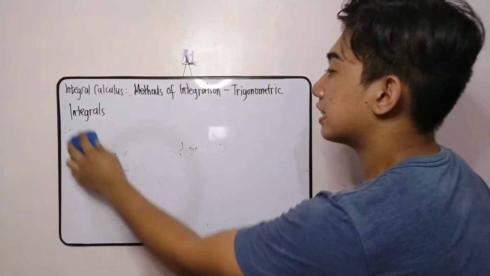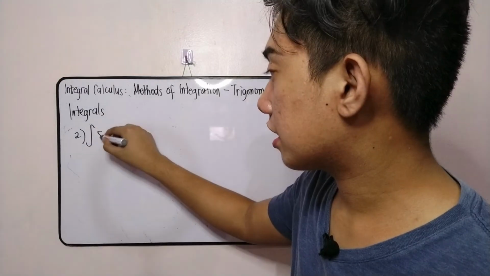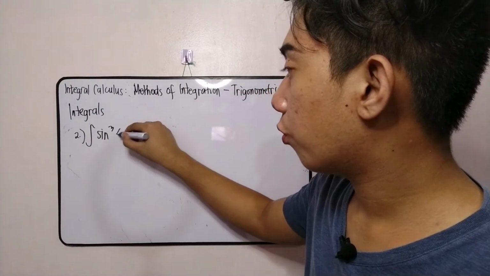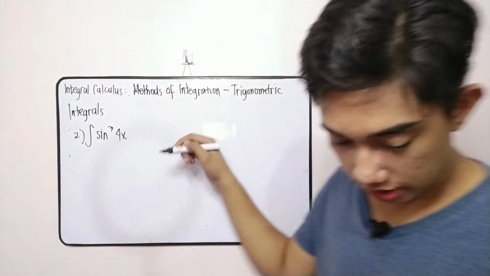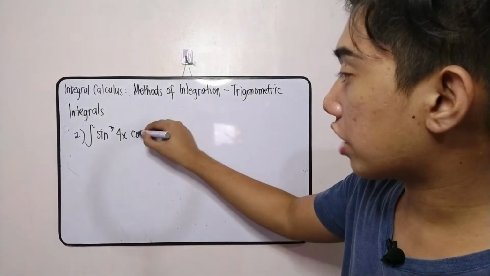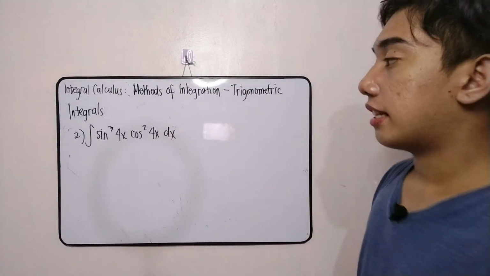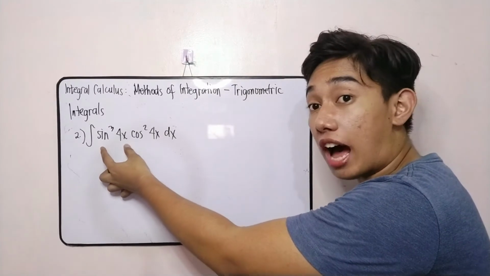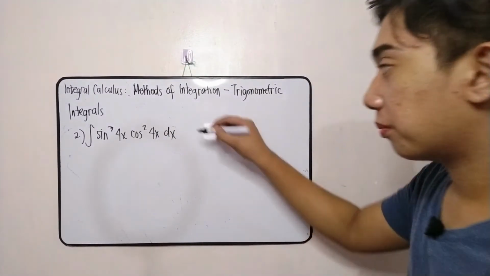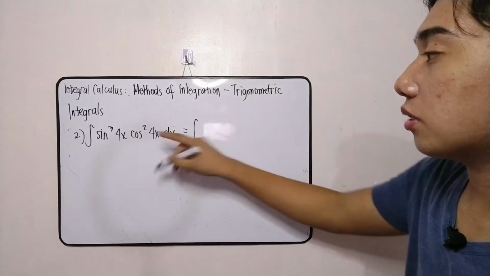For our second example, we have sine cubed 4x times cosine squared 4x dx. Napansin natin, ito odd. So, basically, what we're going to do is we factor out this odd.